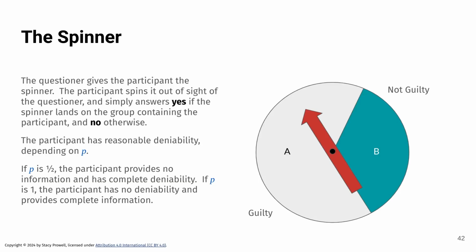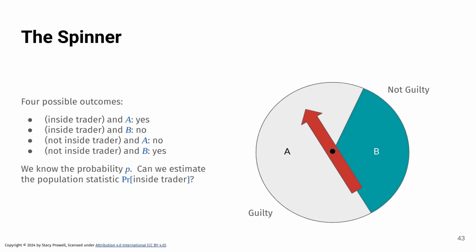If P is 1/2, if I divide it perfectly evenly between A and B, then your answer doesn't really convey any information to me. The trick is when P is somewhere between 1/2 and 1, it now conveys some information. Okay? It also has some deniability.